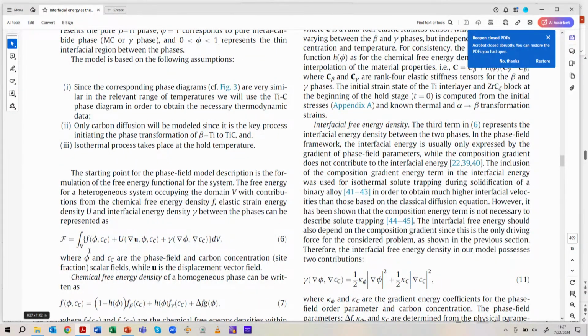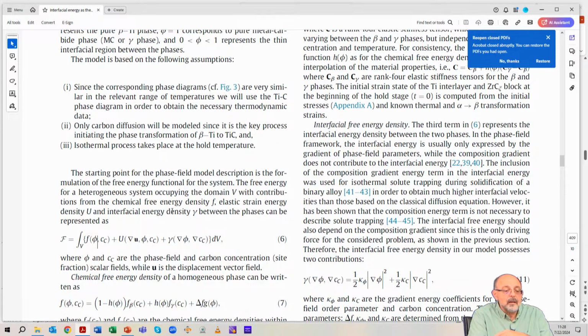Okay, so my energy will depend on phase and on carbon concentration. Then I have elastic energy, because they start bonding very quickly, and thermal expansion and carbon concentration produce eigenstrains. So if the surfaces are bonded, they affect each other, so we will have elasticity, and we have, well, constant far field pressure.